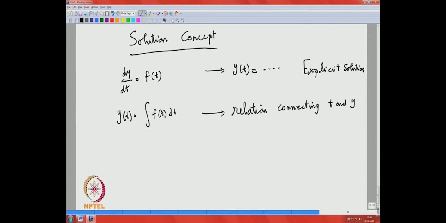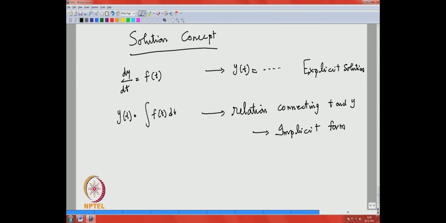If you can get it here, and most of the time the methods quite often restrict to this one, not beyond that. So, connecting t and y, you will see examples as we go along, equations where you get relations connecting t and y. This is called the implicit form.